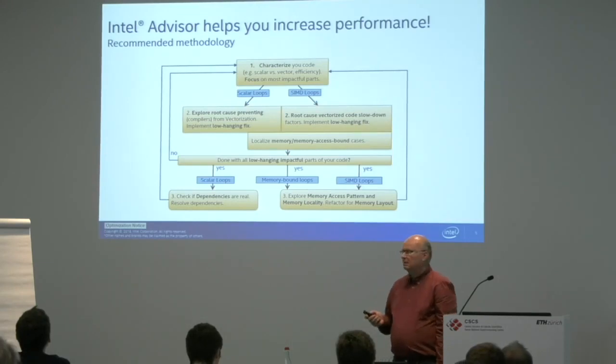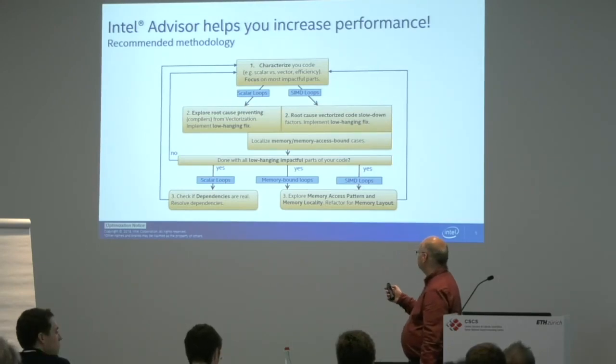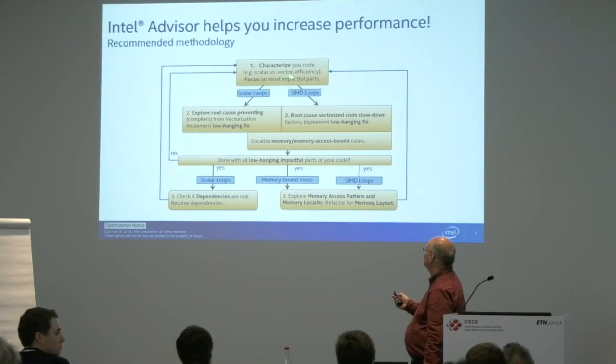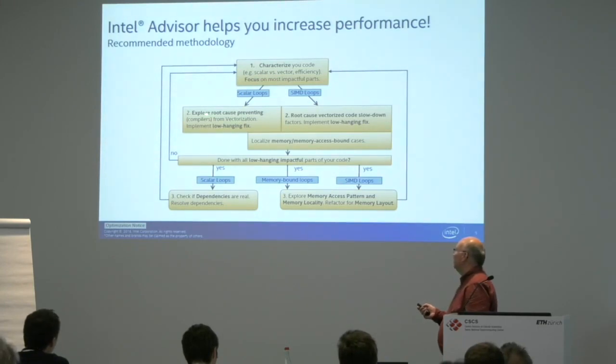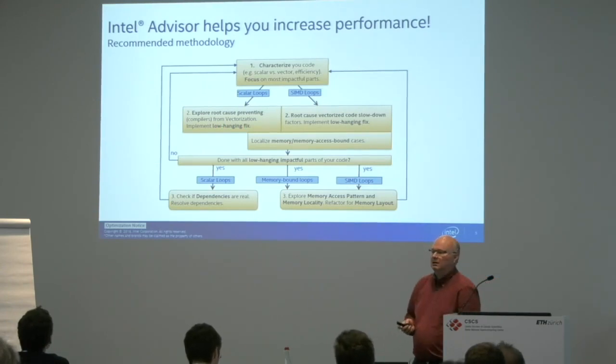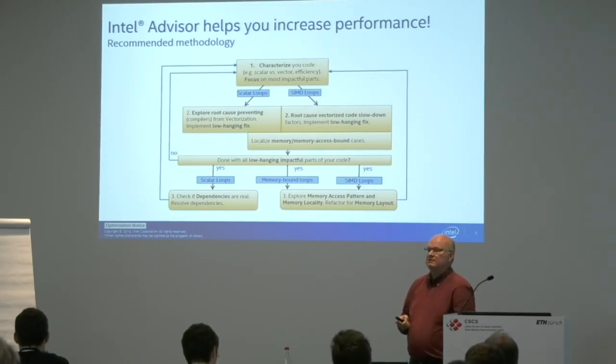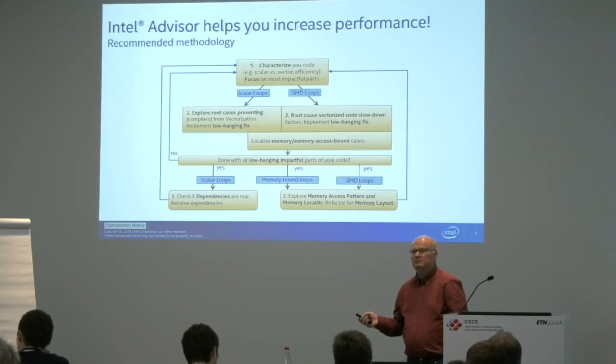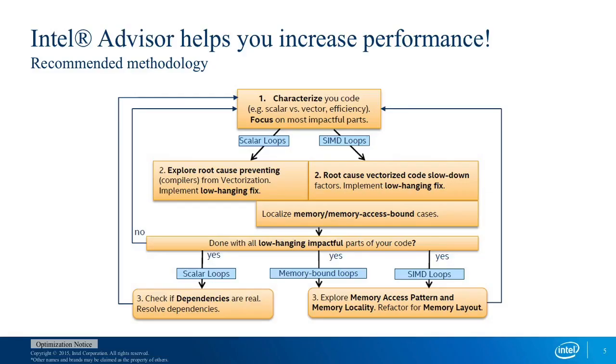It just starts here with a distinction between SIMD loop and scalar loop, and then for the scalar loop you should look for the so-called low-hanging fruit, that you just sort out everything that you can fix immediately without much work first.